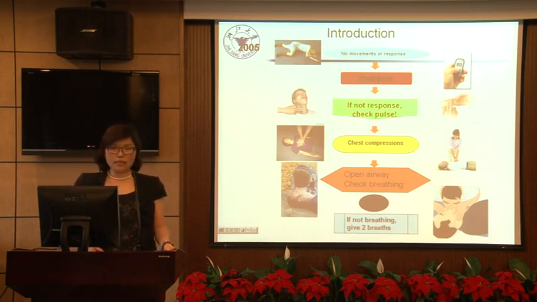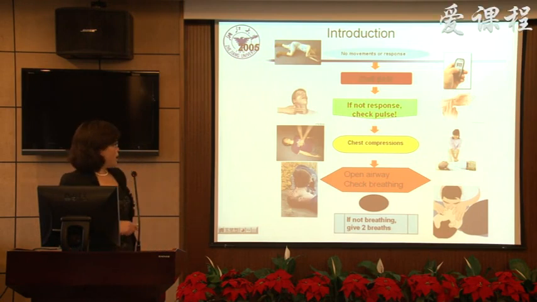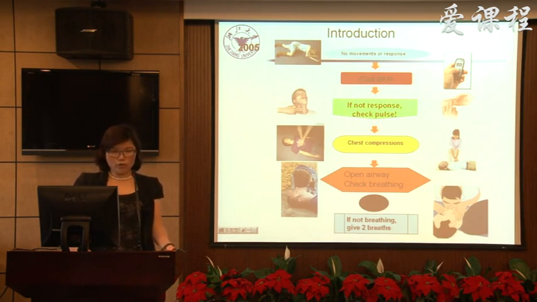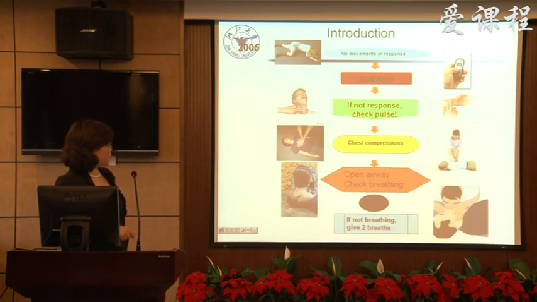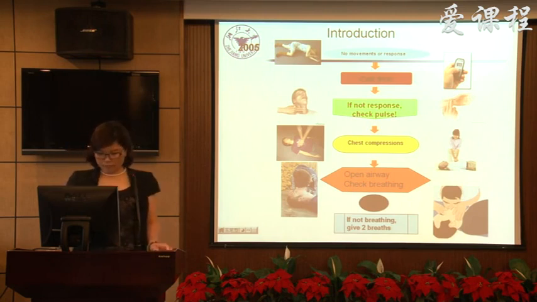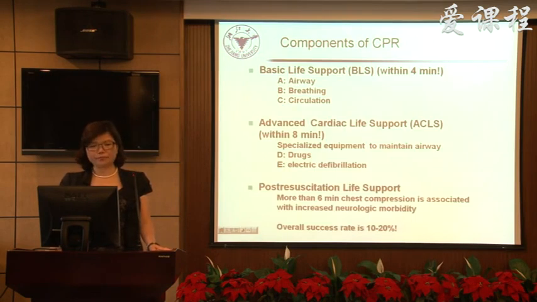Activate the EMS first. If there is no response, check the pulse in a large artery, for example the carotid or femoral artery, usually the carotid artery. Then give chest compressions, open the airway, and check breathing. If not breathing, give rescue breaths. This is the flow chart.